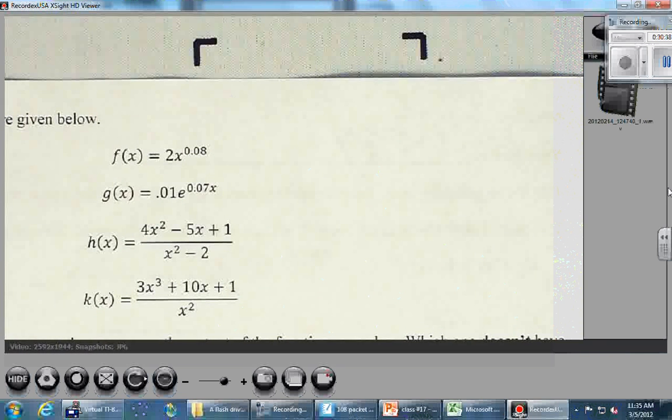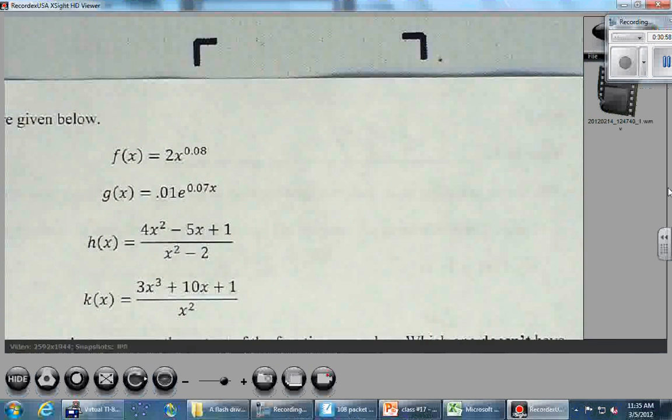Which one is most dominant? E, right? E beats everything. So E is the most dominant. And the least dominant is, let's see, the top one goes to x to the 0.08, and the bottom one is x cubed over x squared, which is x. So x to the 0.08 is smaller. So I think that's the least dominant one.